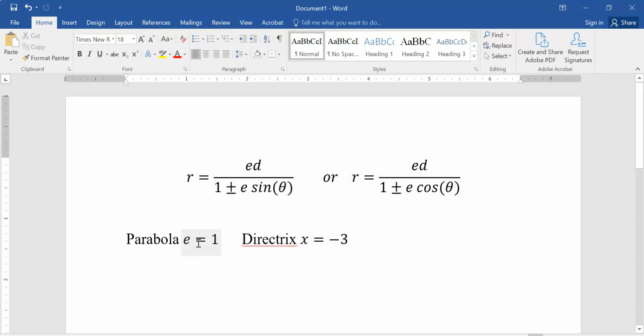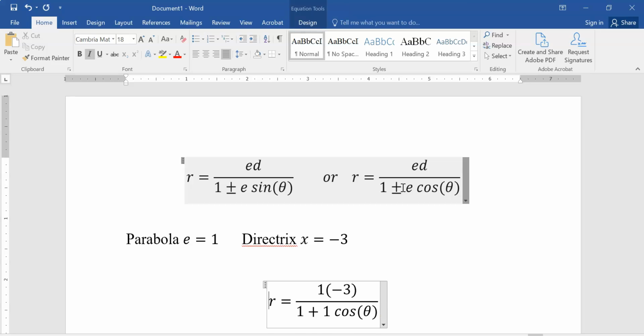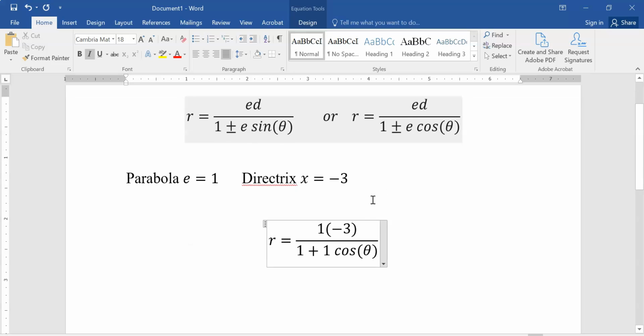Now we have eccentricity of 1, so we know we can fill in the e's with a 1, and we have to choose whether to use a plus or a minus here. I am always going to use the plus, and I'll show you why. So I get r equals the eccentricity times d.